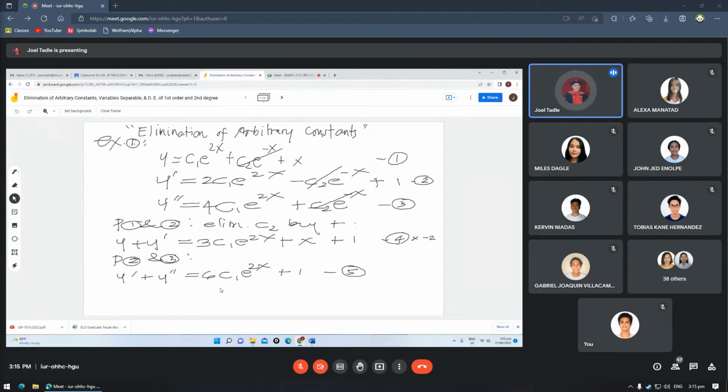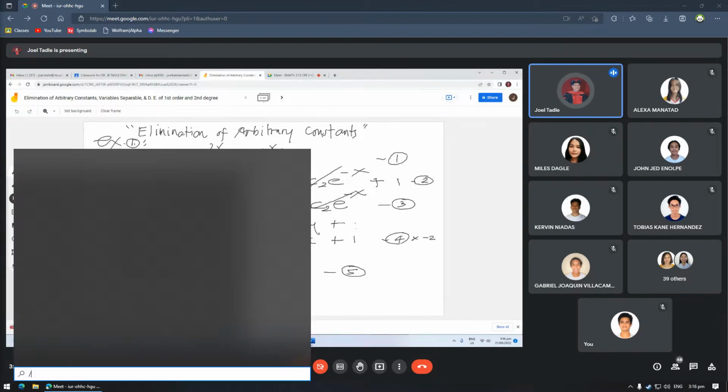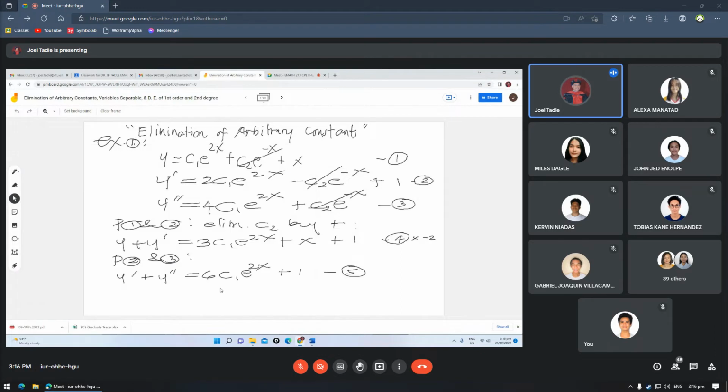So, negative 2 times y, negative 2y, then negative 2 times y prime, negative 2y prime, then equals negative 2 times 3 c sub 1, negative 6 c sub 1, e to the power of 2x, then negative 2 times x, negative 2x, then negative 2 times 1, negative 2.